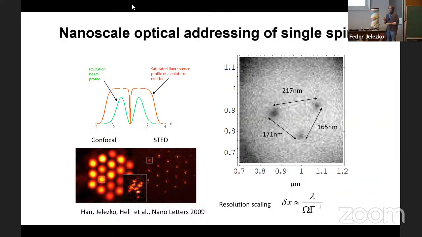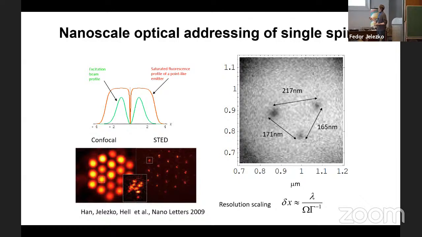Now, all emitters in all areas except this zero point in the center will be depleted, and you will start to see only emitters at the very center, provided that you saturate this effect. So this is now the efficiency of depletion, and it will be zero here.